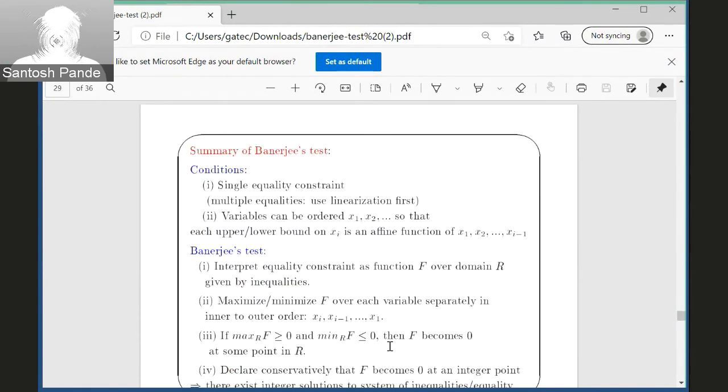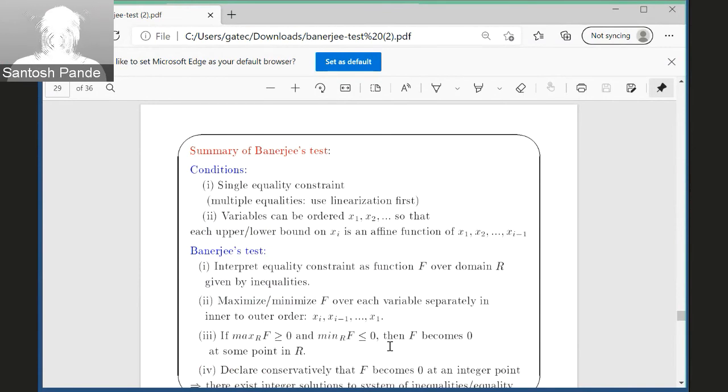So what is finally the Banerjee inequality? The Banerjee inequality's main contribution is that we want to find out the real domain values for these functions, and if they are able to embrace 0, then we know that there is a solution in the real domain.